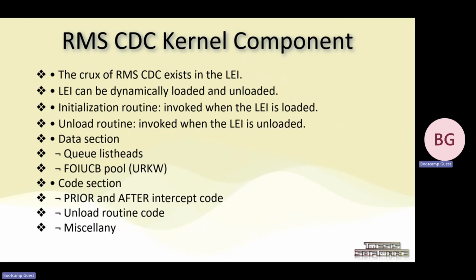It can be loaded and unloaded, so it's not perfectly safe. I did what I could to make it a little safer when we're unloading it. The problem is when you put these intercepts in, you could be stuck right in the middle. You came into the RMS code, it might have been a file of interest, you go through the before code, go into RMS, you took it down, and it's coming back.